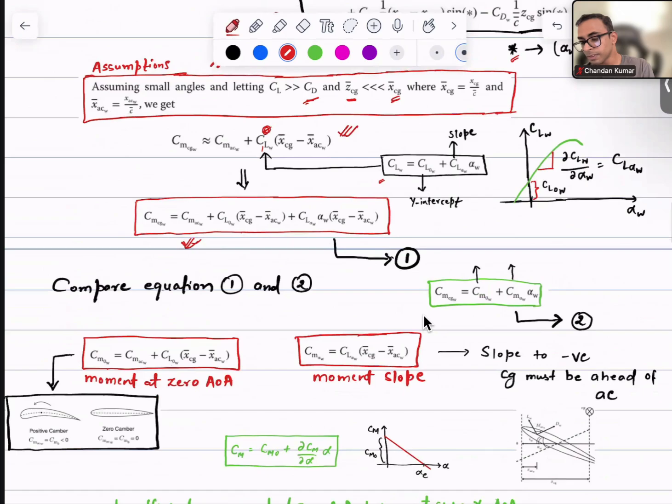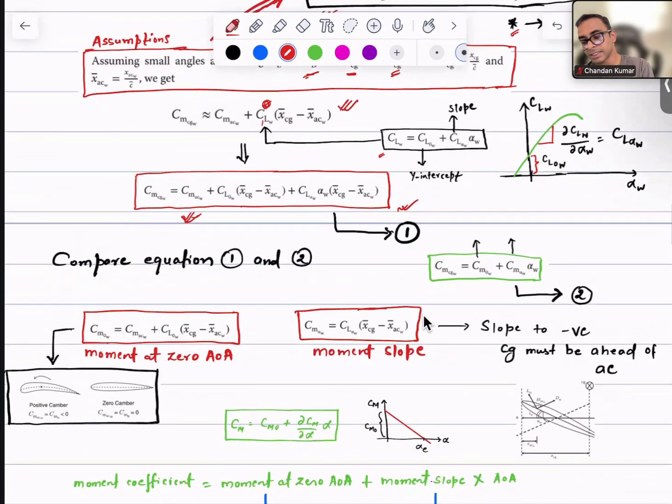Now this is our equation 1, and we've seen that from the straight line equation we can also express the moment about center of gravity in this form, where this is our y-intercept and this is our slope.